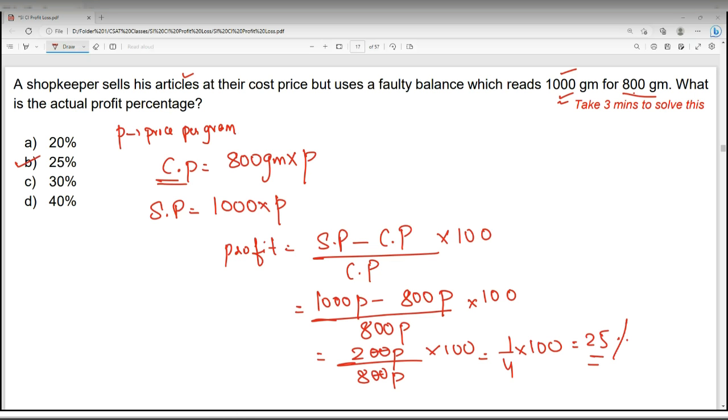If you have any doubt in this, please ask. Are there any queries in this question? If it's clear, we'll move to the next question then. Okay, we'll move to the next question.